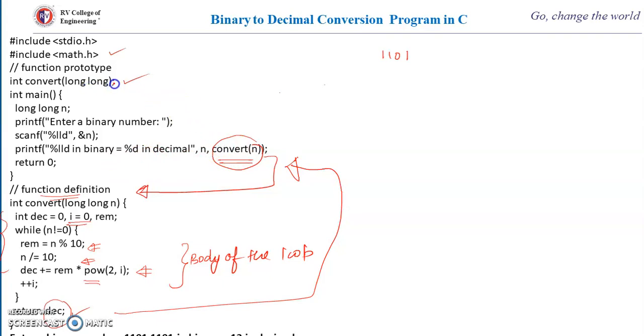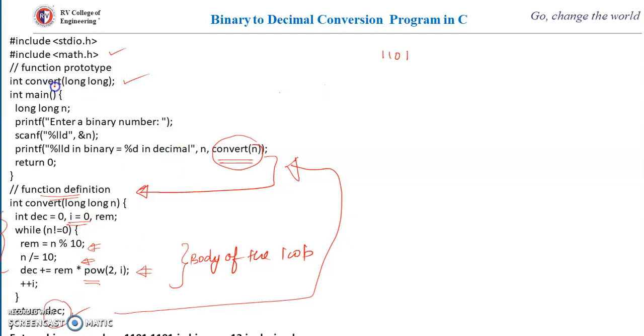So this is the function prototype. In my previous video lecture on user defined functions, I have already explained the syntax of function prototype, function definition and function call, and also the return statement and how the value is returned from the function definition to the main function.